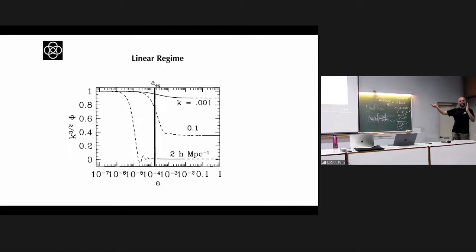Now as I look at modes that are longer wavelengths, I reach wavelengths which enter later during radiation domination. So they are entering closer to matter domination. As I get closer and closer to matter domination, the effect of this rapid expansion decreases. My expansion rate slows down, and the dominant mass content of the universe is non-relativistic.